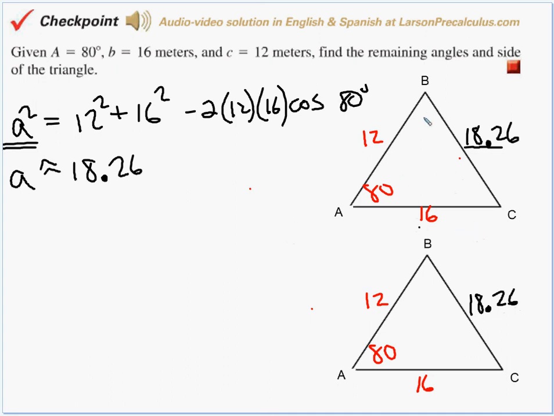Now here, just to pick one, I went for angle B next. Again, if you went for angle C, you're going to get a different bad triangle, but your good answer should always be your good answer.